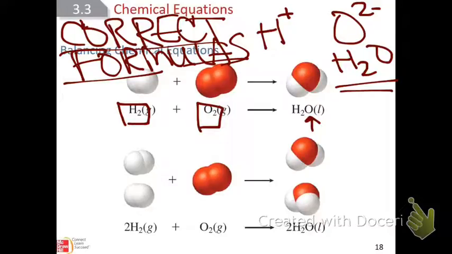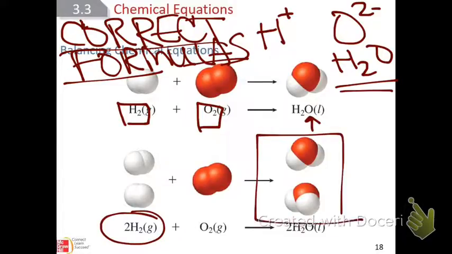We cannot destroy matter. The law of conservation of mass says we cannot create or destroy. We can rearrange, but we cannot create or destroy. So in order for this reaction to occur, we would have to have 2 of these hydrogens. And then it's going to make 2 waters.